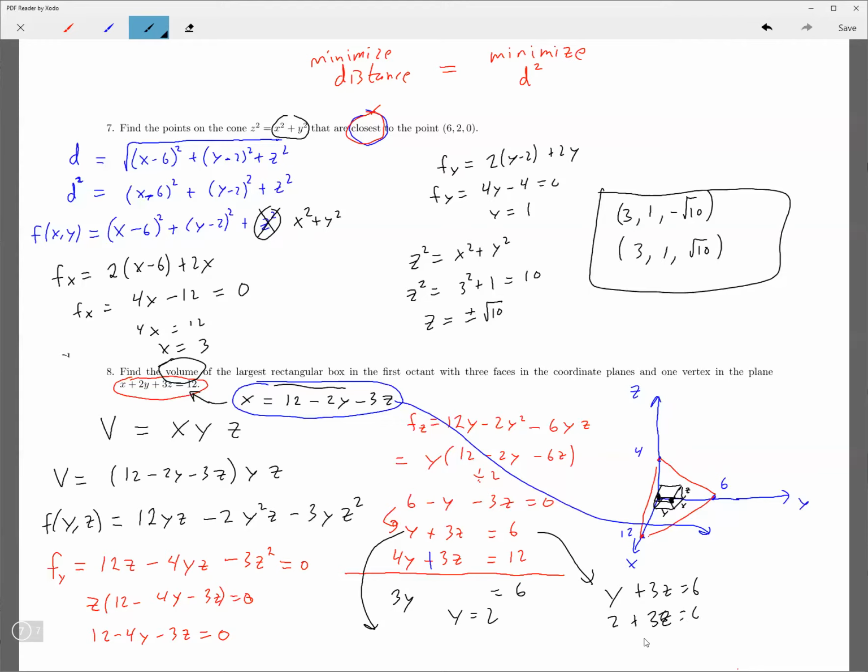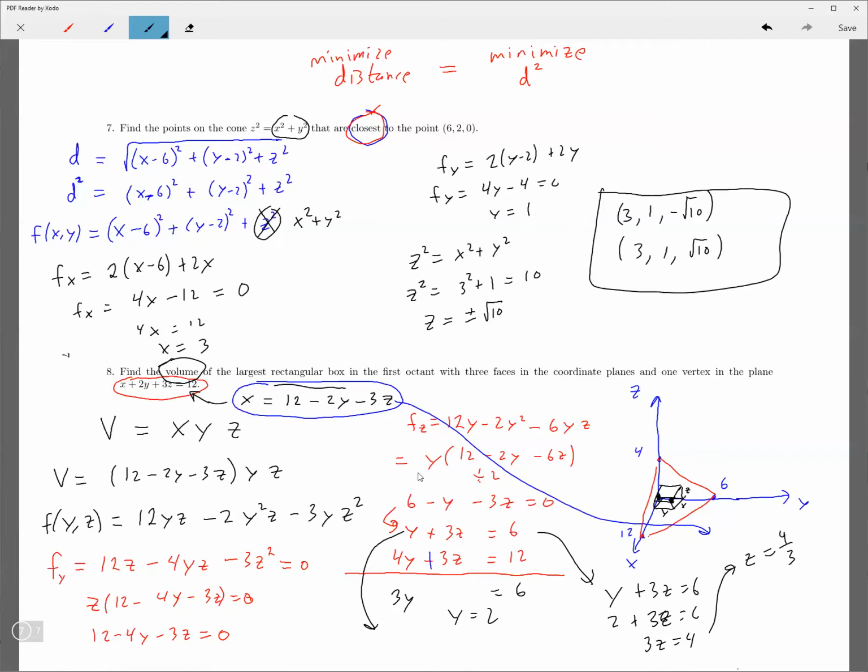Oh, that's not nice. 3z is 4, so z is 4/3.